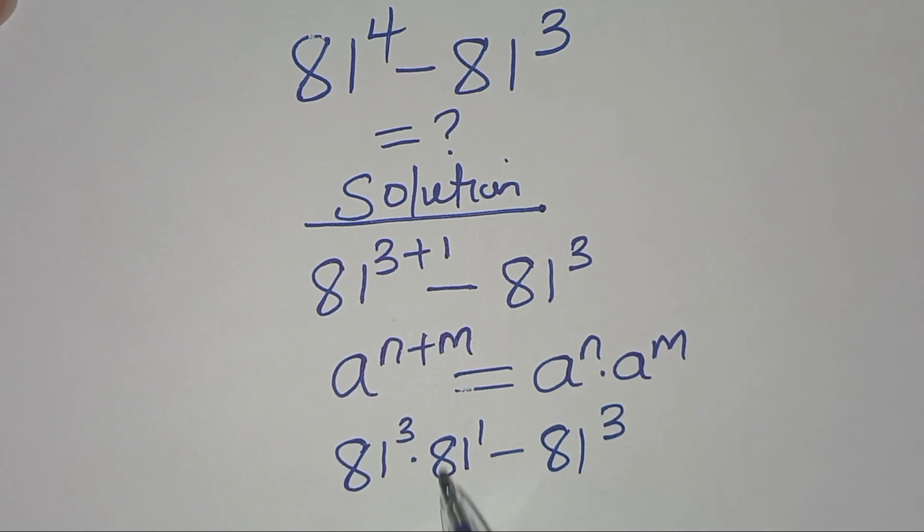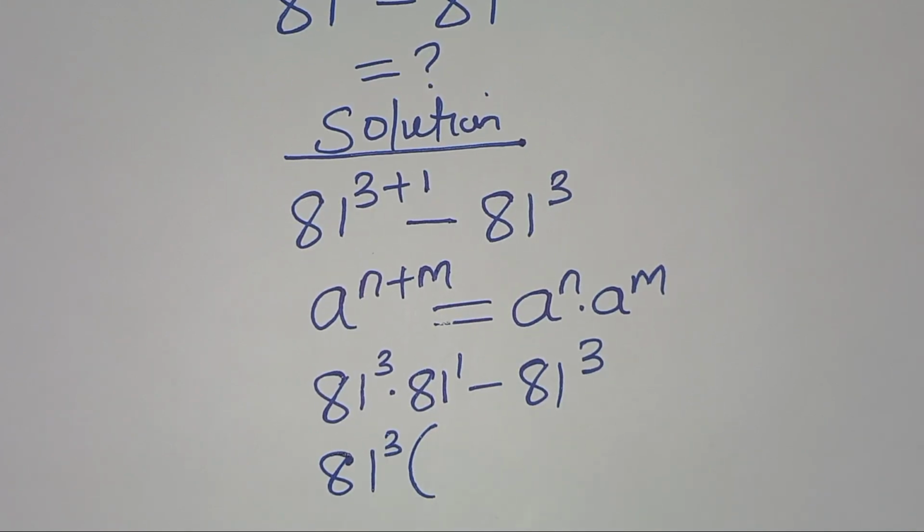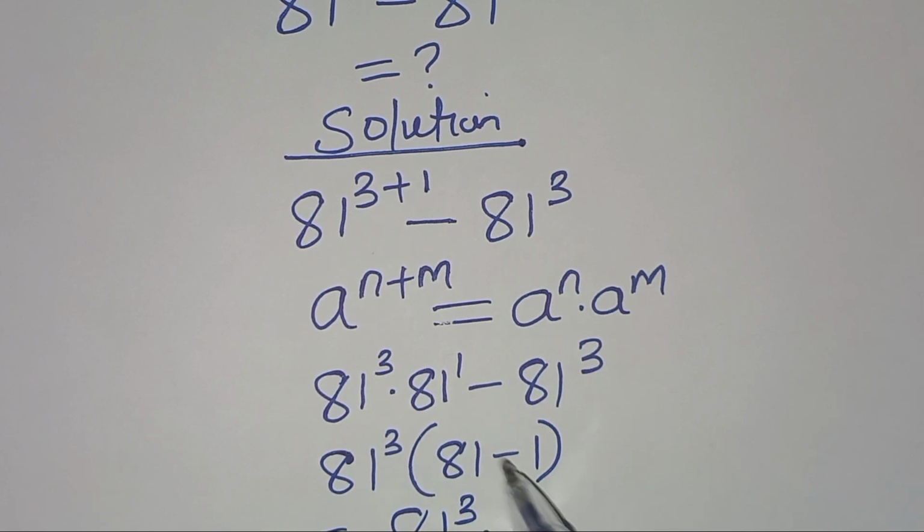So you find that 81 to power 3 is common. We factor out 81 to power 3 so that we will have 81 subtract 1. And now here we have 81 to power 3 multiplied by 81 minus 1. This is equal to 80.